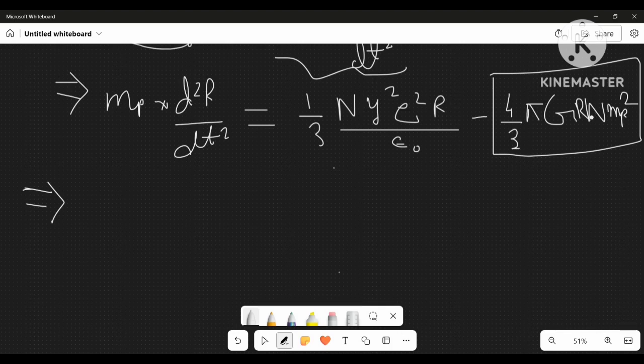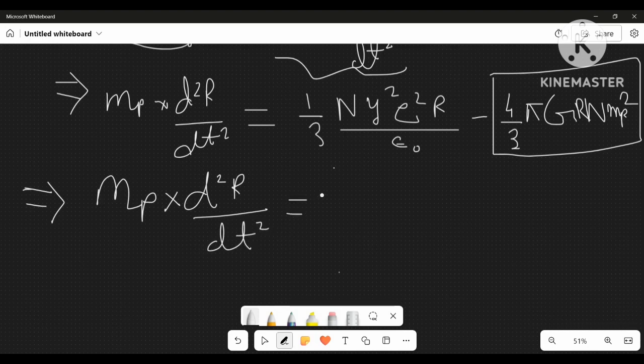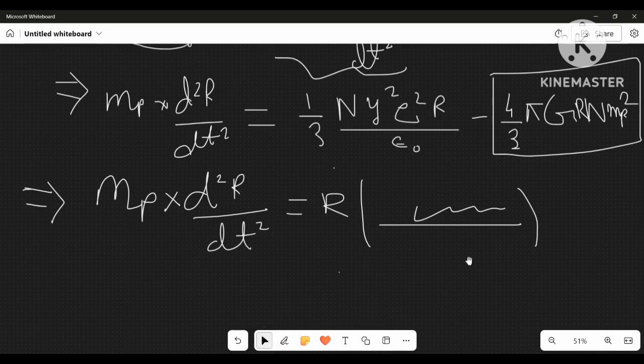So we can take the r common, and basically mp times d²r by dt² equals r times whatever this expression comes to, whatever comes after taking common.